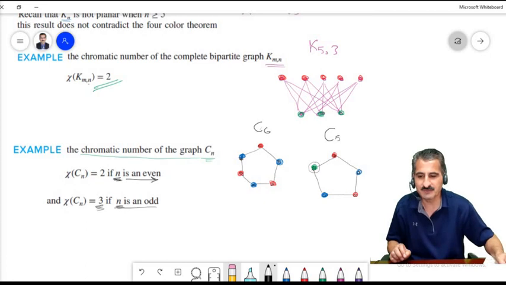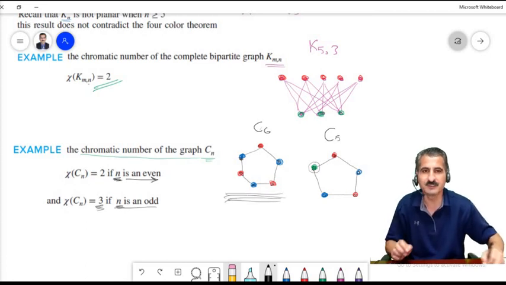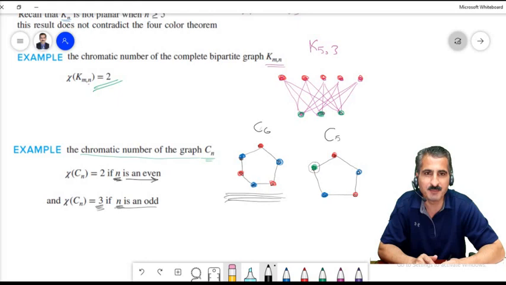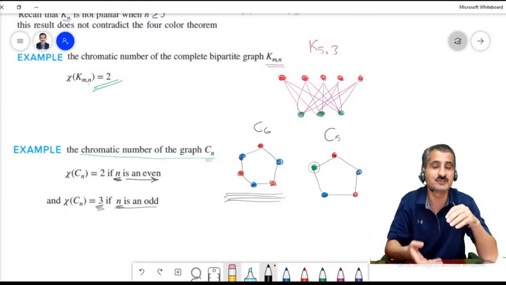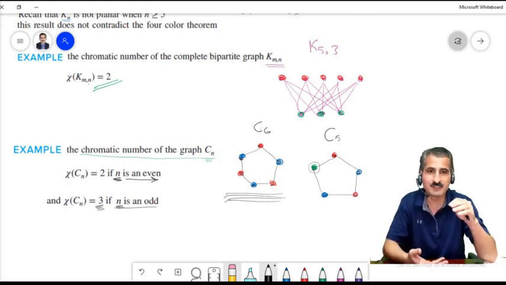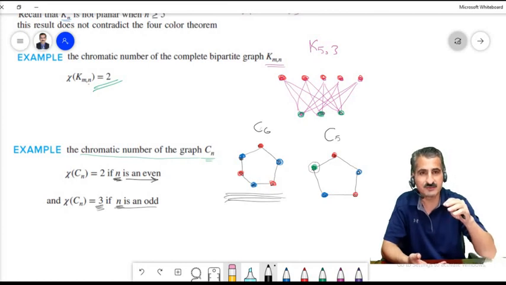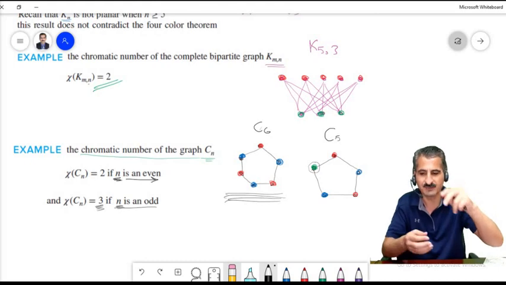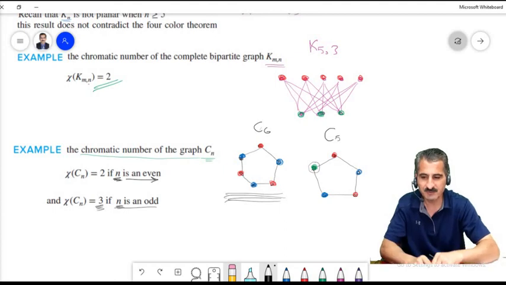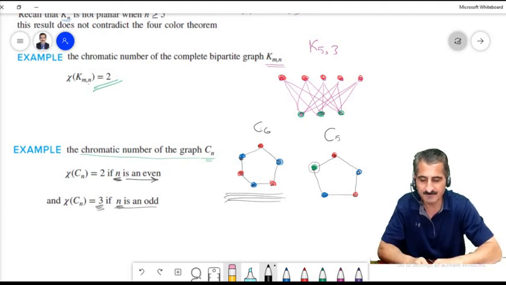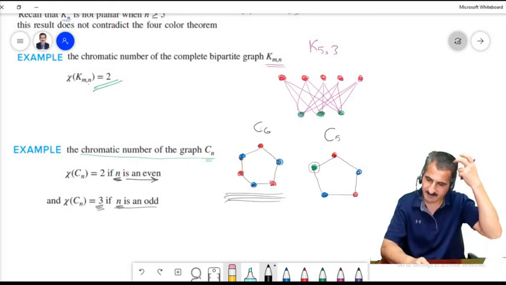And actually, if you look at this graph where n is even, it is a bipartite graph, which means that I can split the vertices into 2 sets, so that the edges of the graph are edges from one set of the vertices to the other set. So I can take the blue to one side and the red to the other side, and then I get a circle, the C6.